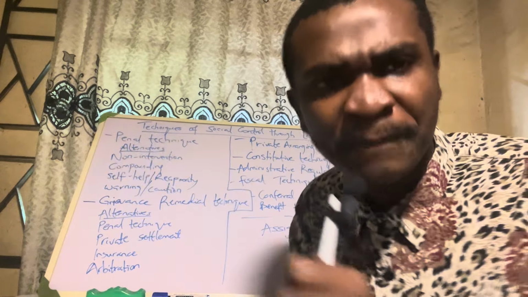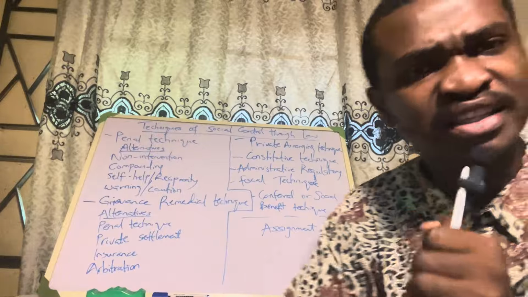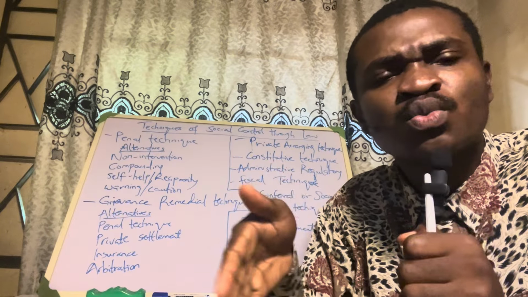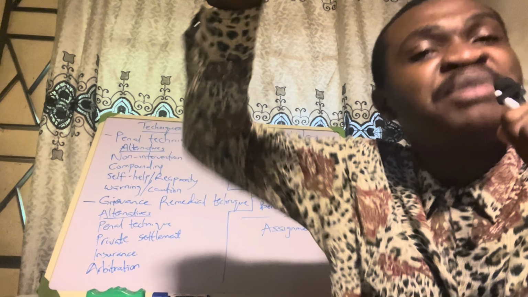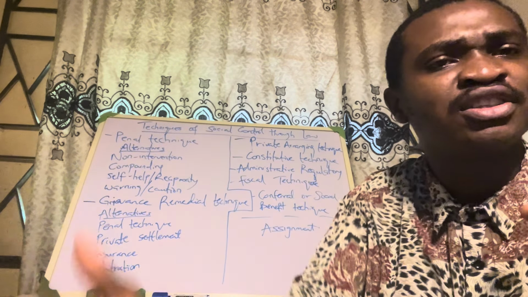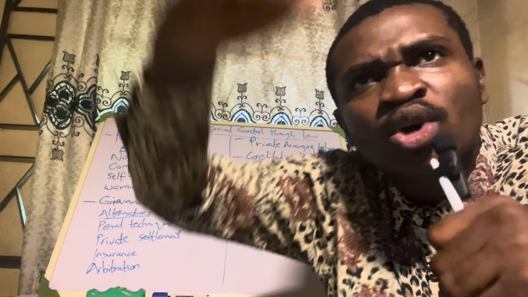How do you form a company? Just like the private arranging technique. Remember I said it's an offshoot of the private arranging technique. But in the constitutive technique, we are talking about forming a company, forming a business organization, forming a non-business organization. How do you come together, and in what legal framework will you choose whatever it is you want to do?